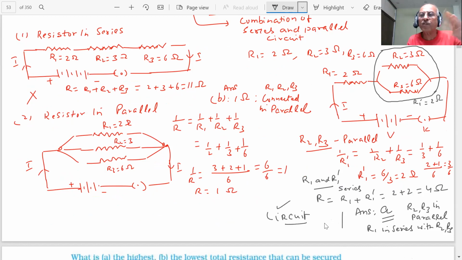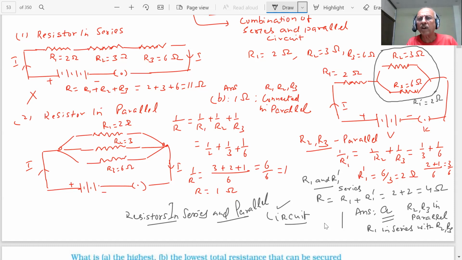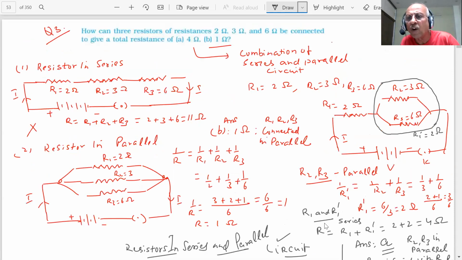So what we are doing, resistors in series and resistors in parallel. Only two possibilities, resistors. There can be different combinations, student, in series and parallel. We can connect in many ways. If I would have connected, student, 3 ohm here and 2 and 6, what value will come?